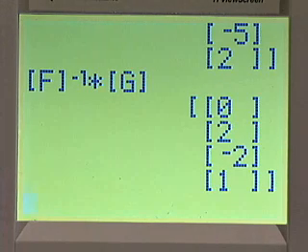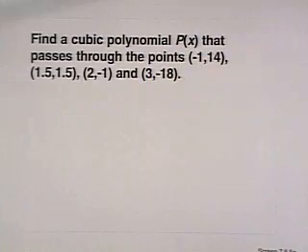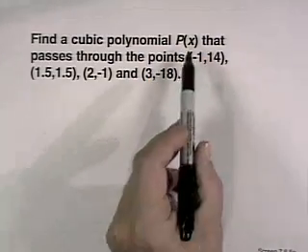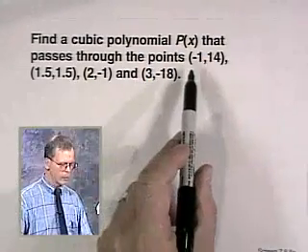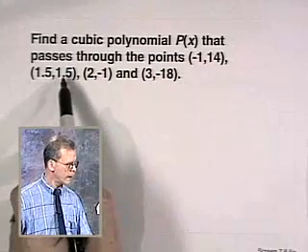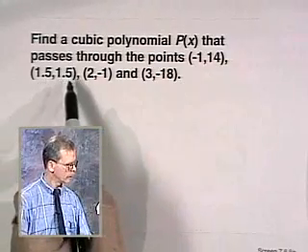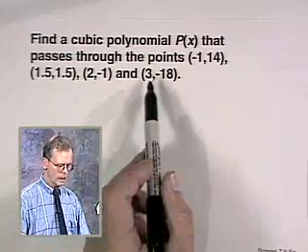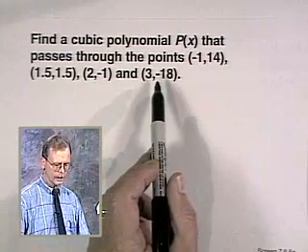Now here's another use for systems, and we can show how a matrix can solve a system and find the solution to this problem. We want to find a cubic polynomial, P of X, that passes through the points negative 1, 14, 1.5, 1.5, 2, negative 1, and 3, negative 18.